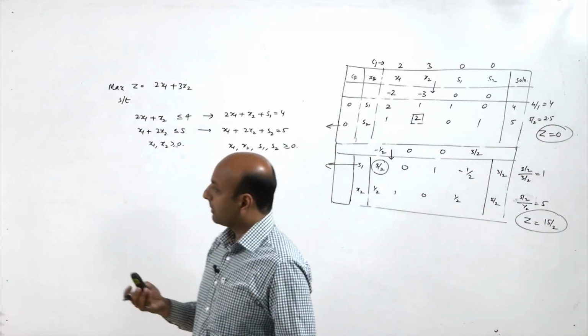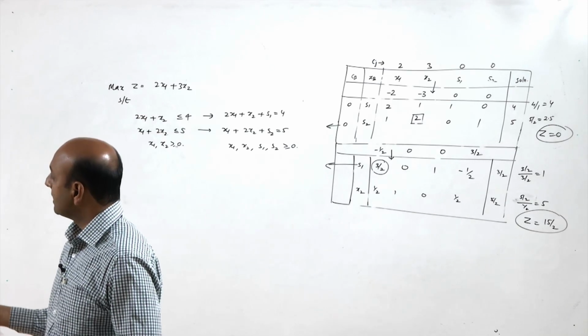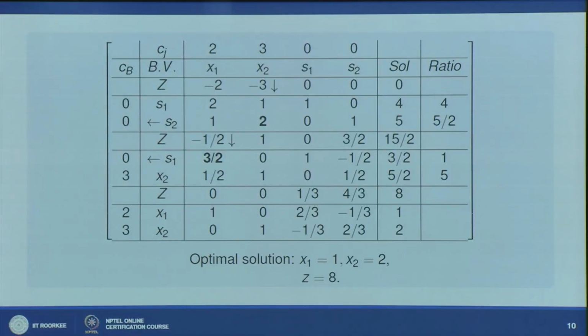And in the last table, x1 is 1, x2 is 2. So, what will be z? z is 8. So, in the last table z is 8.